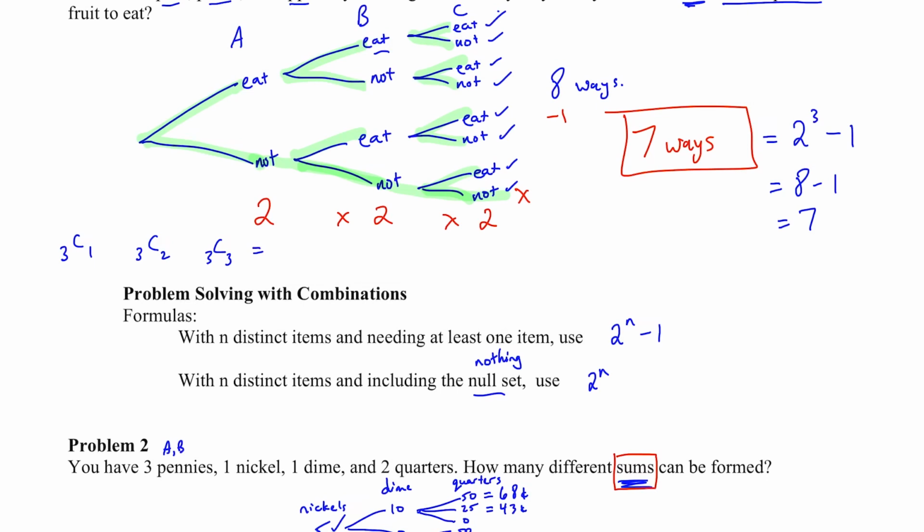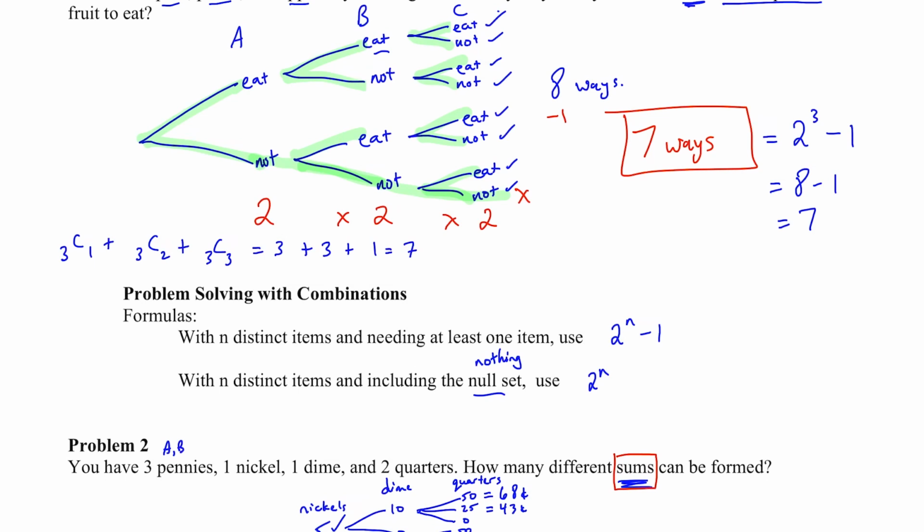And what you get here is 3 choose 1 is 3, 3 choose 2 is 3, and 3 choose 3 is 1. And you'll notice that you could either eat only one of them, you could eat 2 of them, or you could eat 3 of them. Those are unique situations. They do not overlap, which is 3 plus 3 plus 1, which is 7.